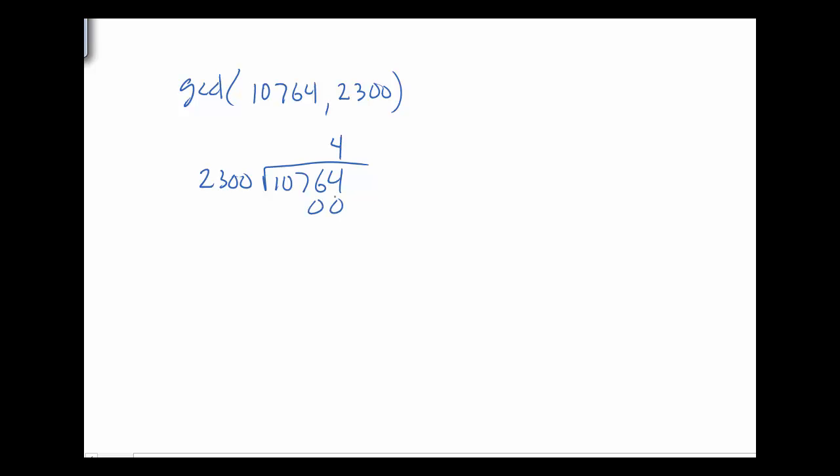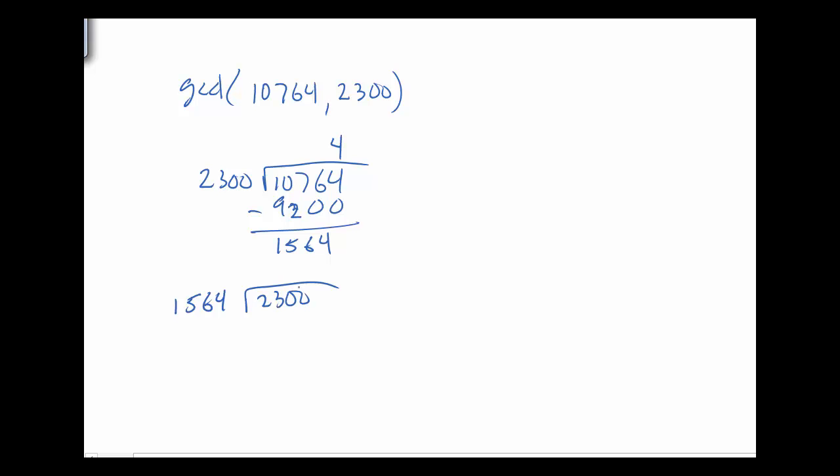So that's clearly a bunch of zeros, and then we get a 2, and then carry the 1. Okay, so that does actually look big enough. All right, and we get a remainder of 1564.